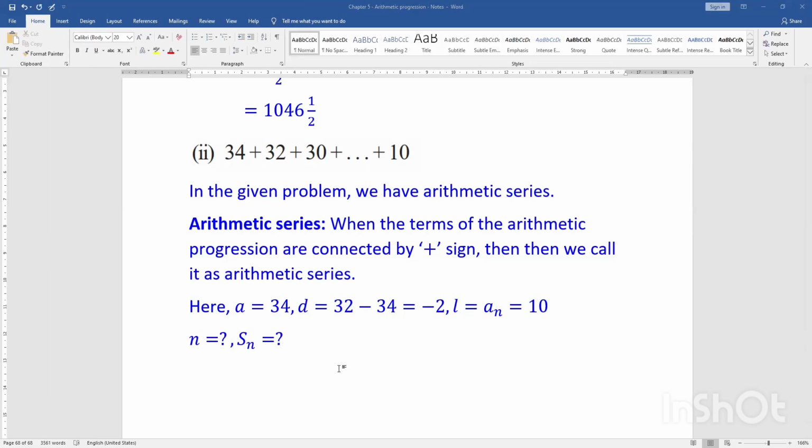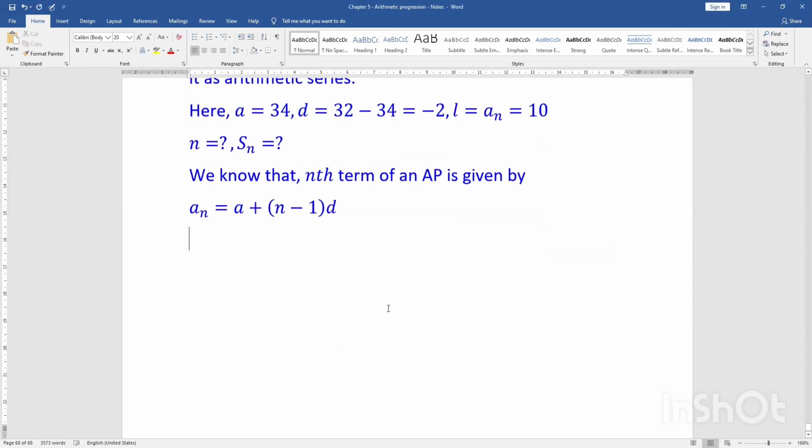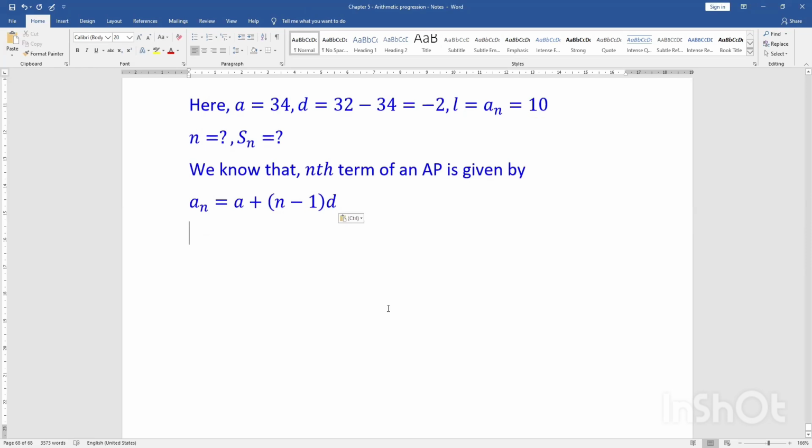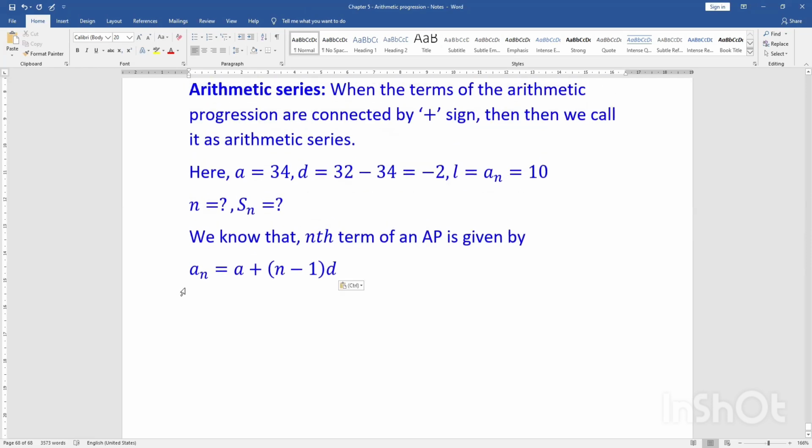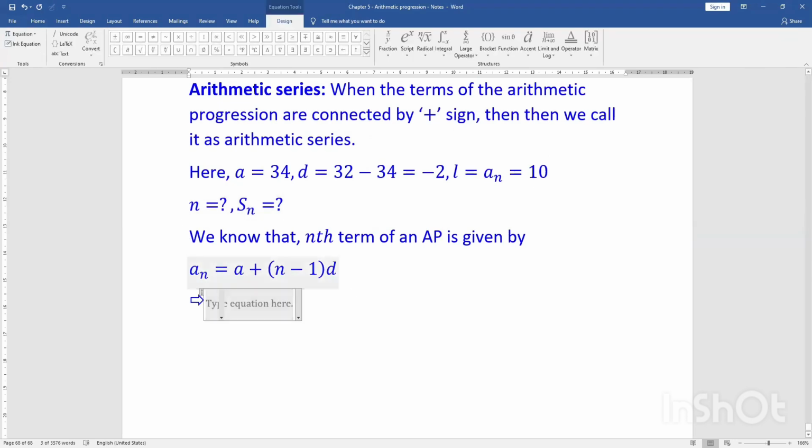We know that the nth term of an AP is given by a plus (n minus 1) into d. Let me substitute the values. First, a_n is 10 equals a, which is 34, plus (n minus 1), n I keep as it is, into d, and I know the value of d is minus 2.